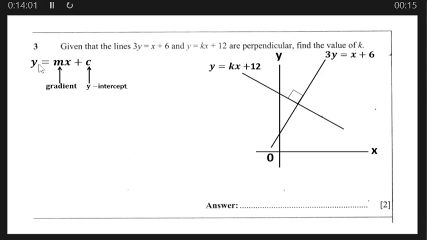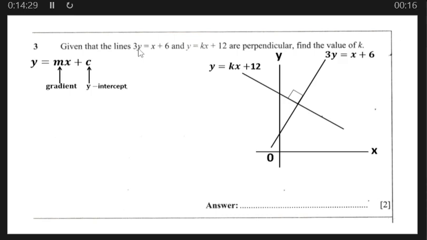As long as you have y on the left side of the equal sign, and then a value like x plus a number, that equation becomes the equation of a straight line, and the coefficient of x becomes the gradient. So in this case, when we look at this equation here, it is not in the form of this standard equation because y here is not alone.